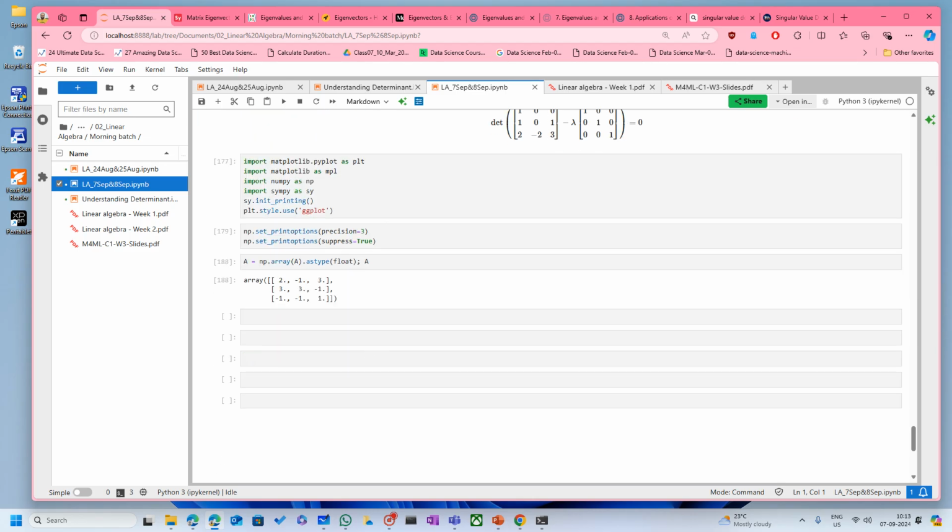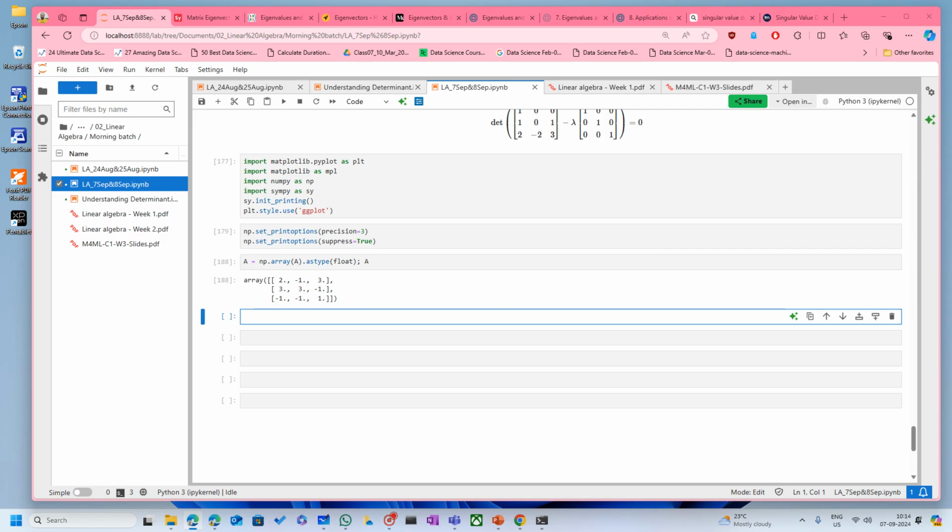So in our calculation I have taken a matrix A. Now to this matrix, all you have to do is call the numpy function, and numpy already has an inbuilt linear algebra function for that.